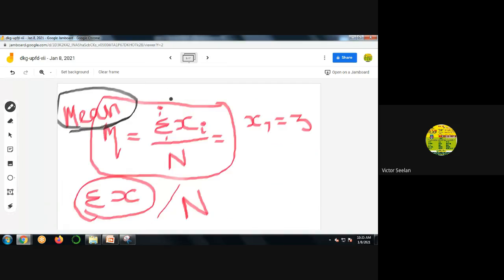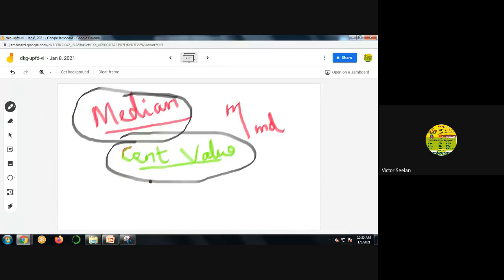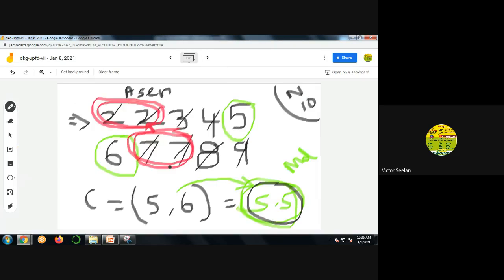In mathematics, it is averages equal to sigma x by n, that is mean. Median is nothing but the central value of observations. So before picking your central value, arrange the numbers in ascending order and pick the center value, that is median.